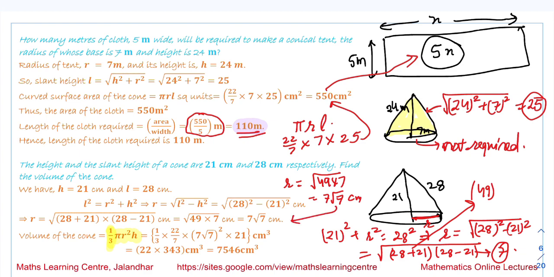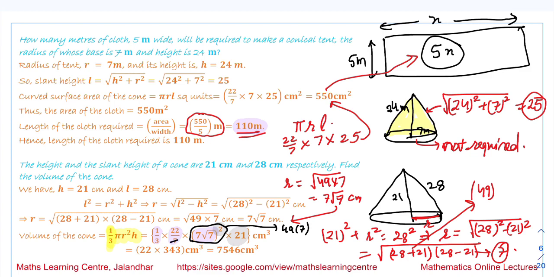Now the volume of the cone will be 1 by 3 pi r square h. So what we get is 1 by 3 into pi, which is 22 by 7, into r square, which is 7 root 7 whole square, and the value of h is 21. When we square this term we get 49 into 7.